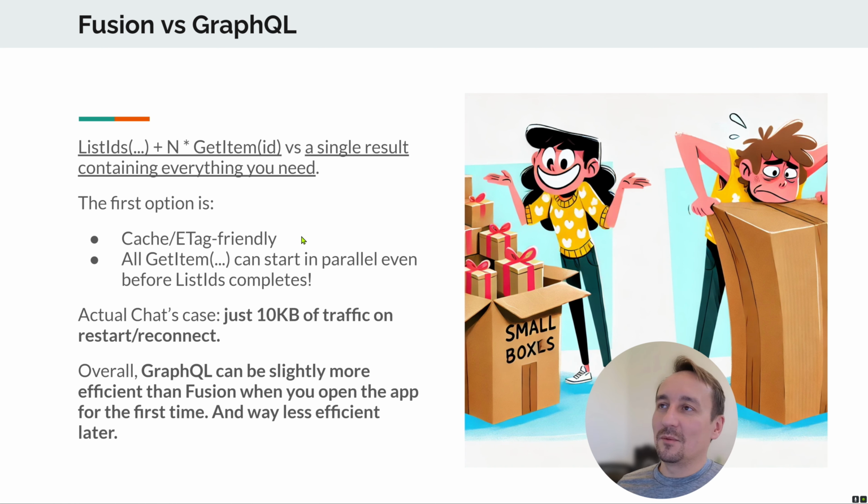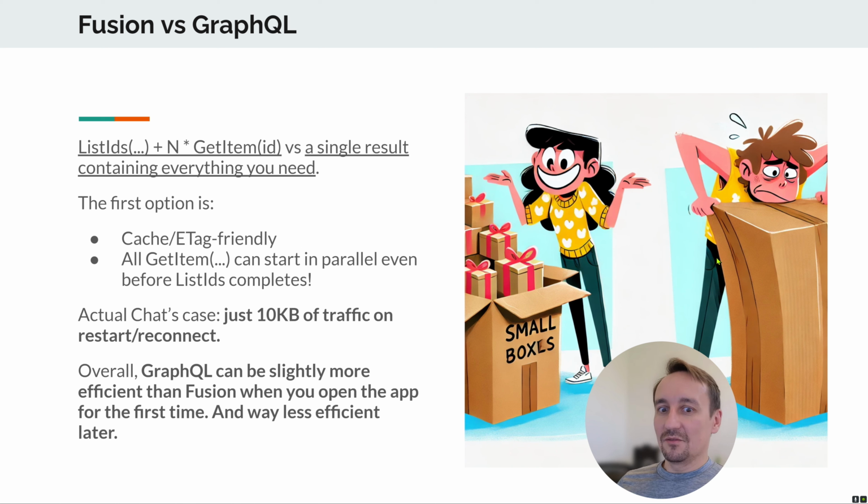If you think about what Fusion does in terms of efficiency: of course, GraphQL allows you to basically reshape the results and filter out the stuff you don't need. But each time you refresh the page, each time you start a client, or even go to a certain part of the UI, maybe sometimes, you are going to get this data from the server as a single huge box, and that's what's shown on the right side.